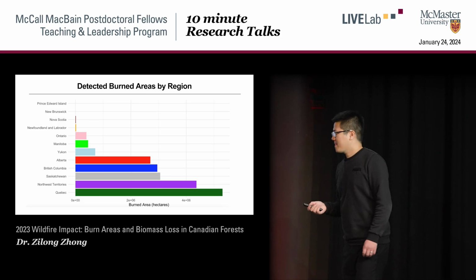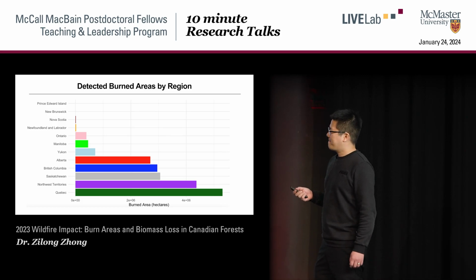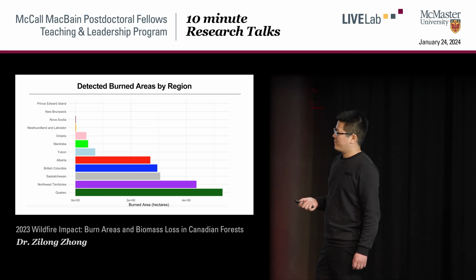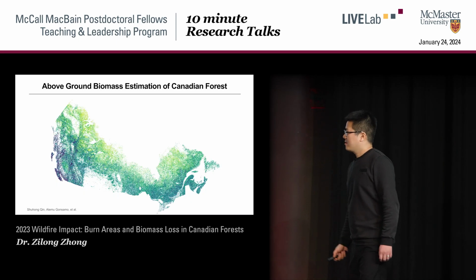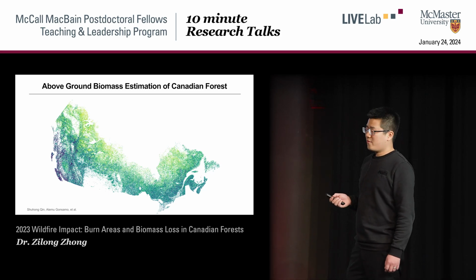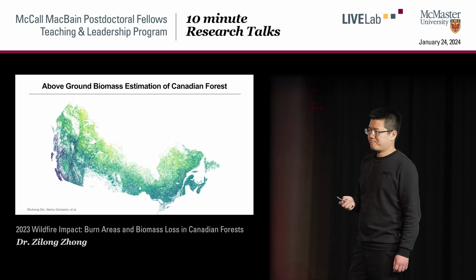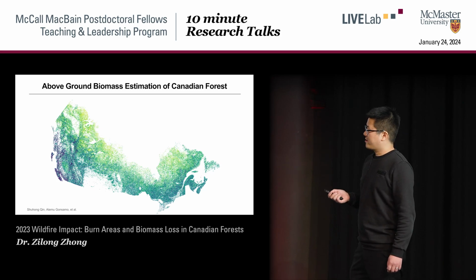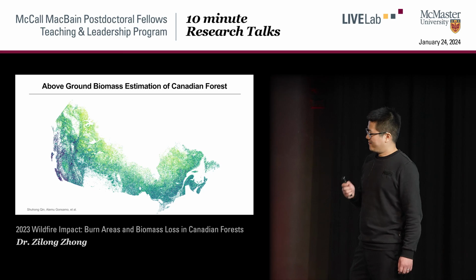And the region most severely impacted by the wildfire is Quebec province, followed by Northwest Territories and Saskatchewan province. So this is an above-ground biomass map carefully generated by my lab colleagues. And it spans across all forests in Canada.